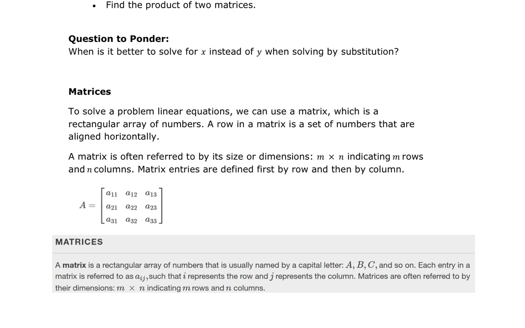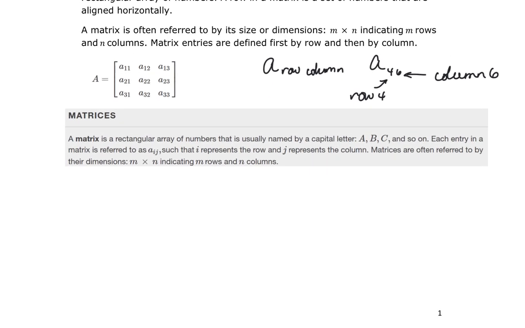So we do the row position first, and then we do the column position number. So A46 is row 4 and then column 6. That's how we keep track of what is in each position of a matrix, by telling you which row it is and which column it's in.